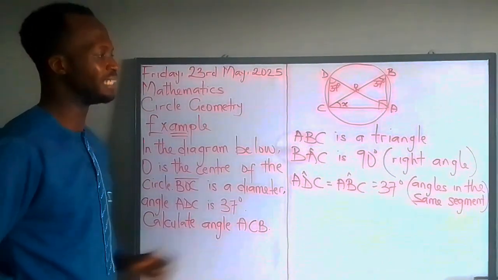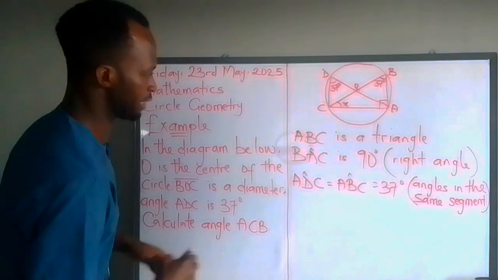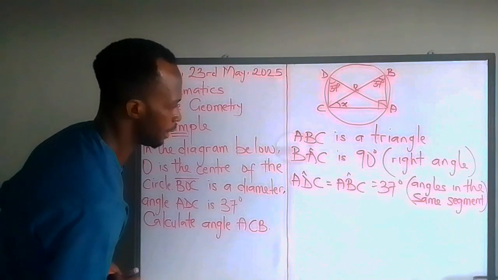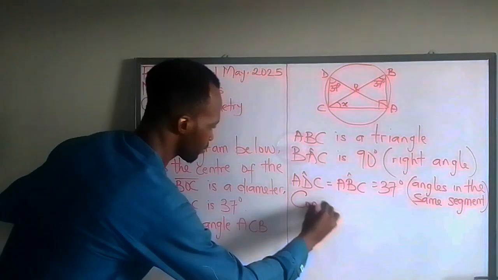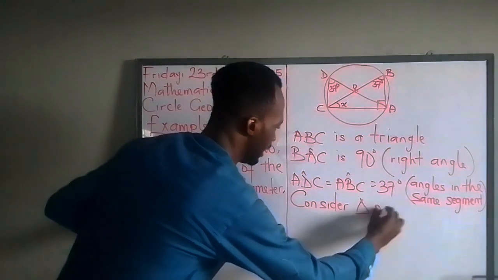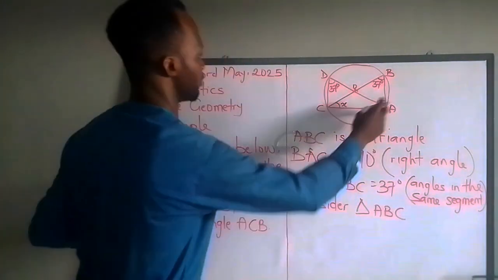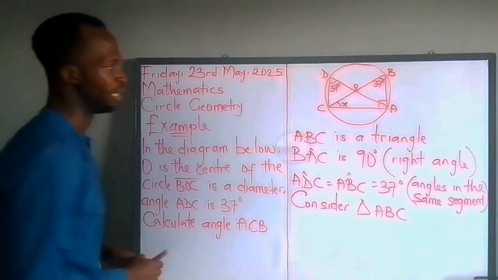So to find the angle X, how do we do that? Pay attention to this. Consider triangle ABC. So let's pick out the three angles there.